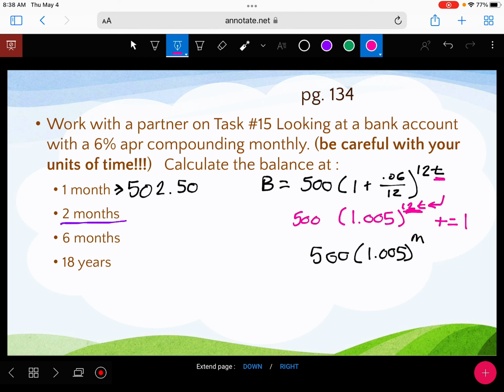So how could I put, in terms of years, 1 month? What part of a year is it? 1 month is 1/12 of a year. So if you use straight up this equation, we got to put 1/12 here. So this one, that's why we're saying be super duper careful about units of time. Because honestly, I made that mistake several times too.